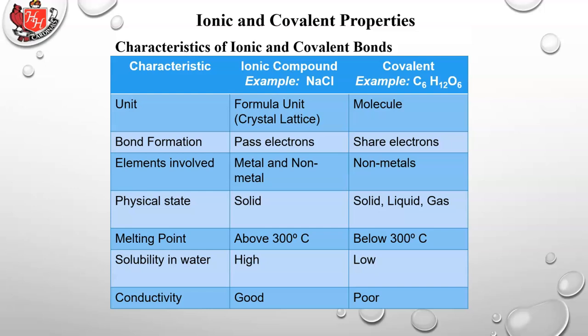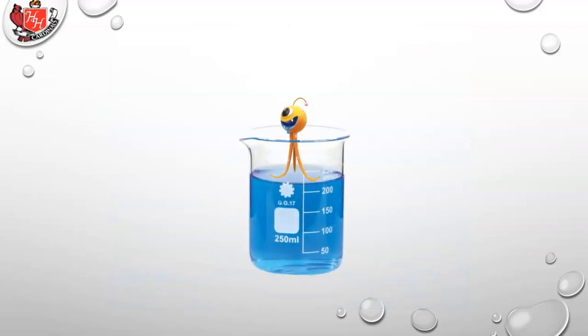Solubility: ionic compounds are highly soluble in water. Covalent compounds are not highly soluble in water. And conductivity, how well they move electrons and electricity. It's very good in ionic compounds only if they're dissolved in a liquid, not if they're solid. Covalent bonds do not do a good job of conducting electrons. All right, so that takes care of this lesson on how to name ionic compounds.